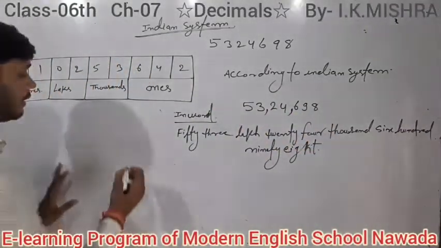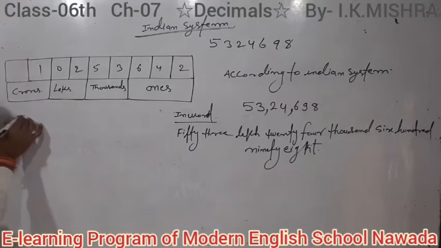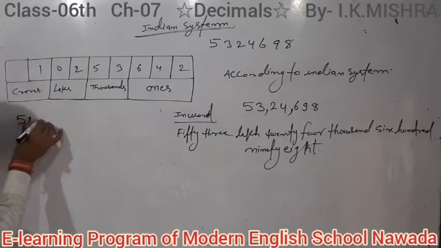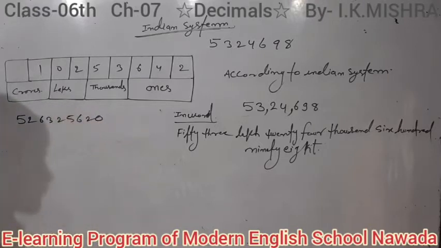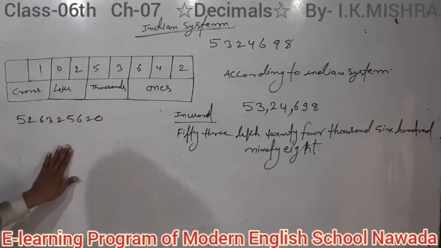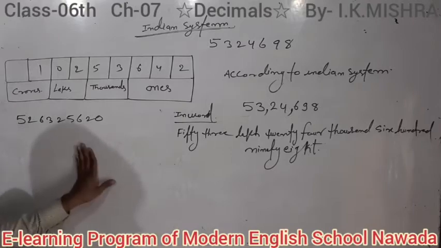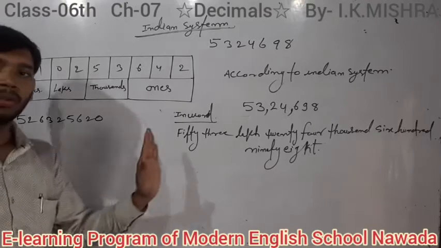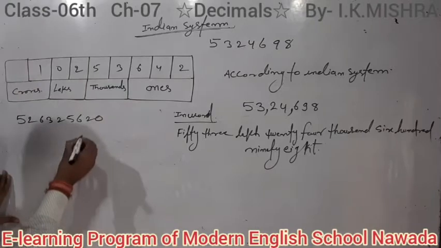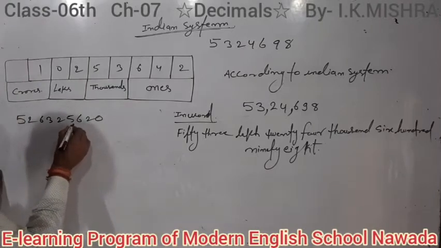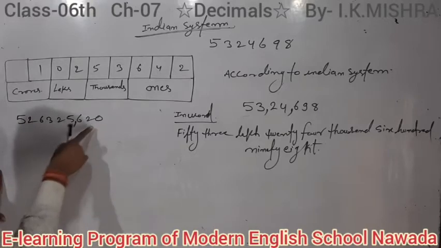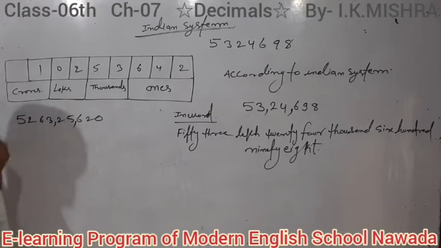Students, here I write another number. First of all, put the commas according to the Indian system: after 3 digits, again after 2 digits, and again after 2 digits.